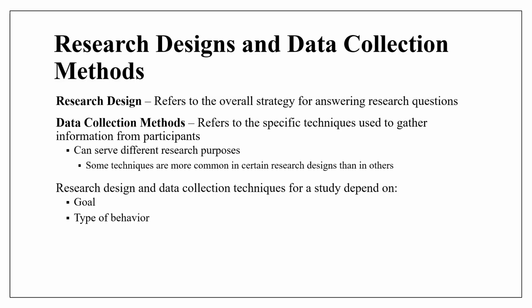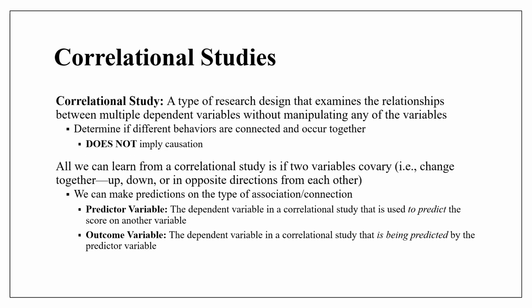And in this case, we're referring to the observable indicators that you have decided you will use as part of defining the construct of the behavior that you're interested in. The first that we're going to be discussing today are correlational studies.